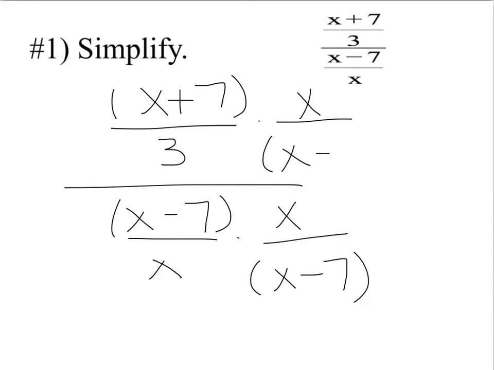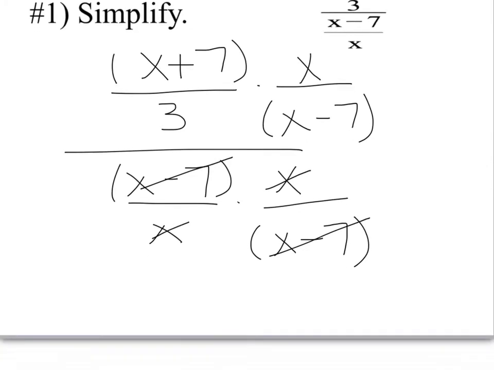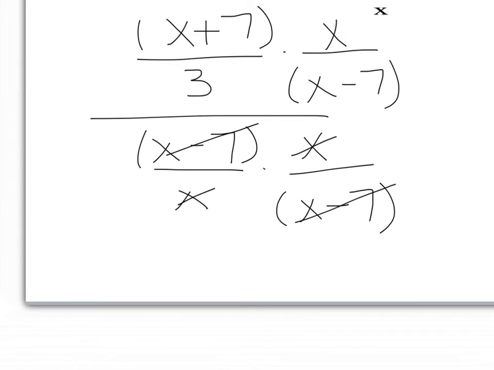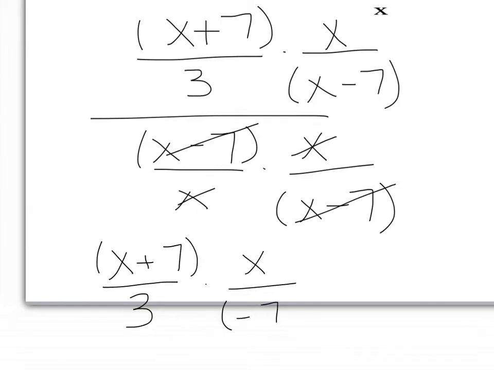So I am multiplying by the reciprocal of the denominator. Remember, your reciprocal means that you flip over the fraction. This and this are going to cancel, and this and this are going to cancel. And then you're just left with x plus 7 over 3 times x over x minus 7.